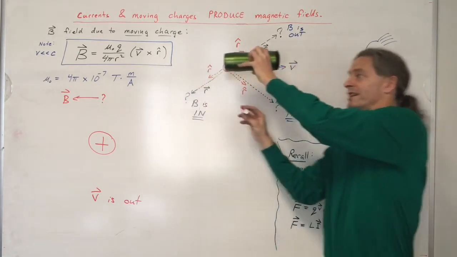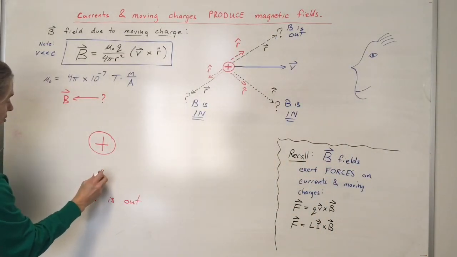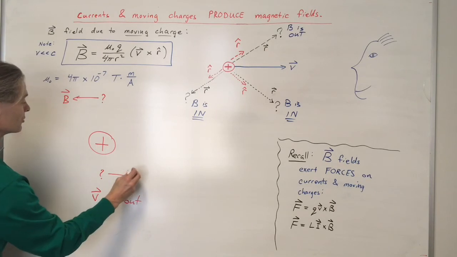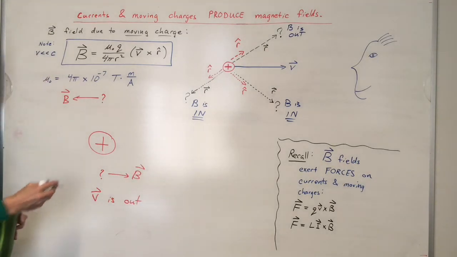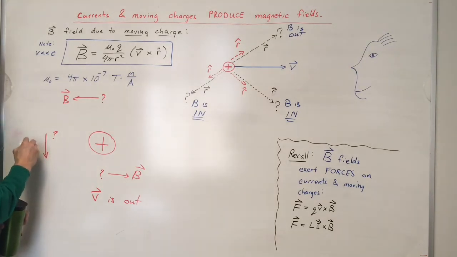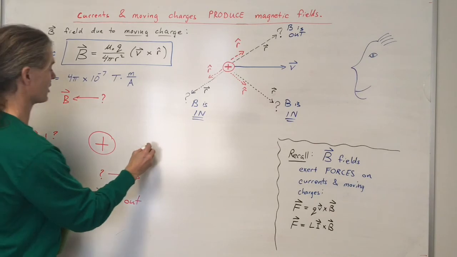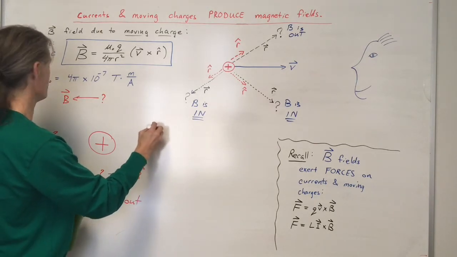I just translate that. So for locations right here, the magnetic field is this way. If you repeat this exercise, for a location right here, the magnetic field would be this way. For a location right here, the magnetic field would be this way.